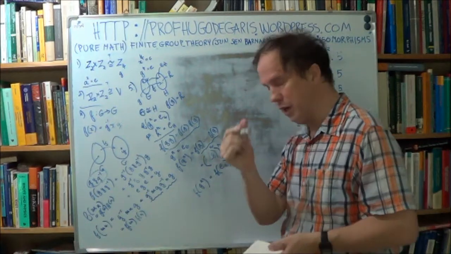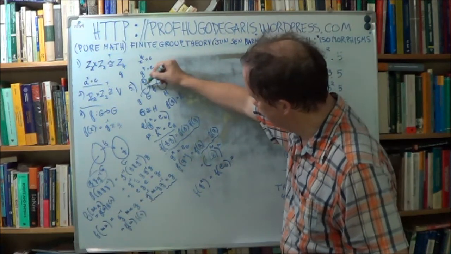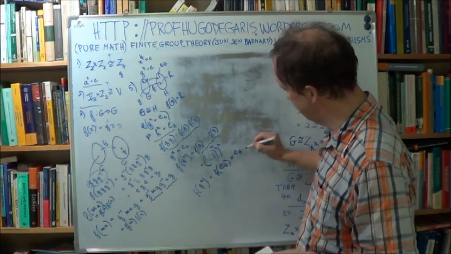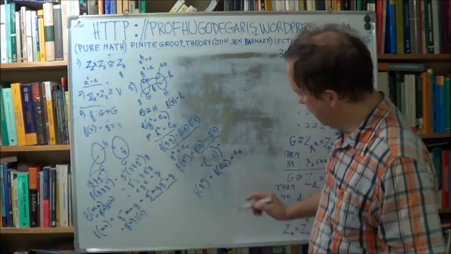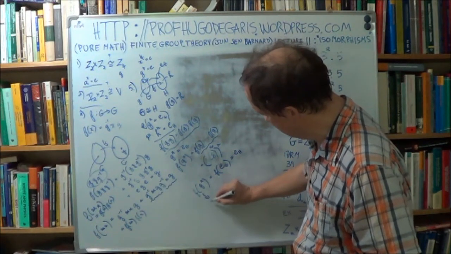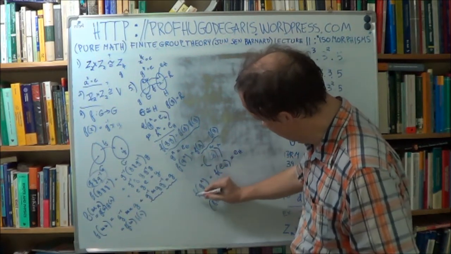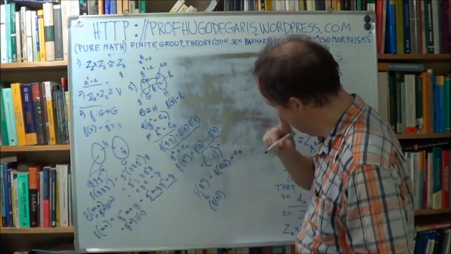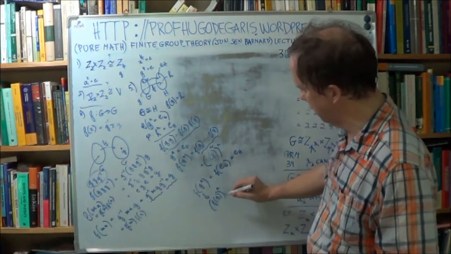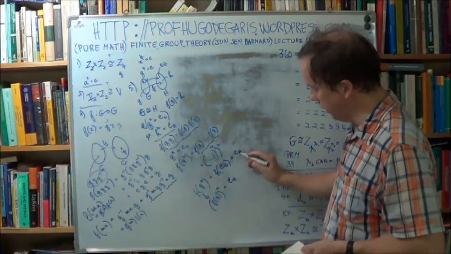So if we map the unit in group G, we get the unit of group H, so f of e of G is just e of H. So f of g to the nth power equals e, the unit of group H.